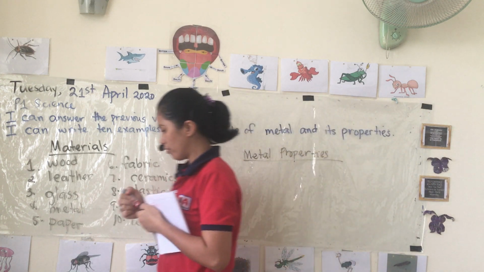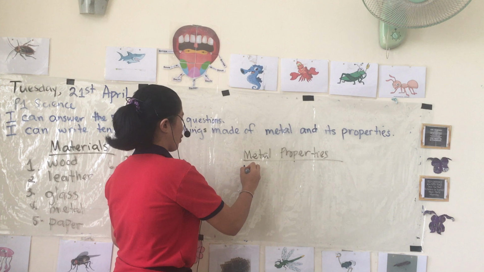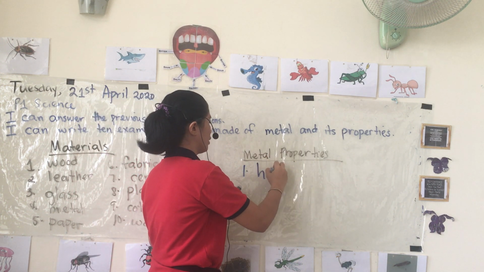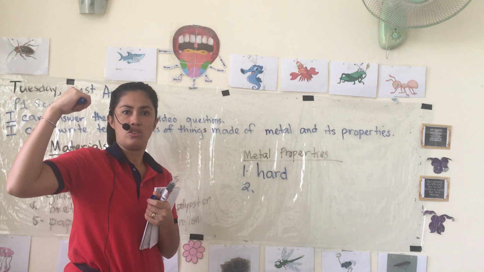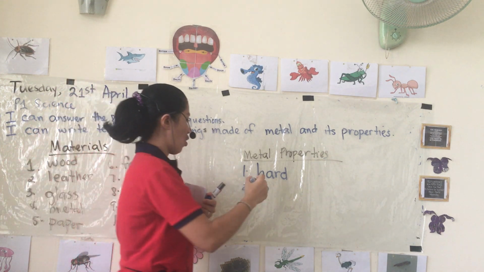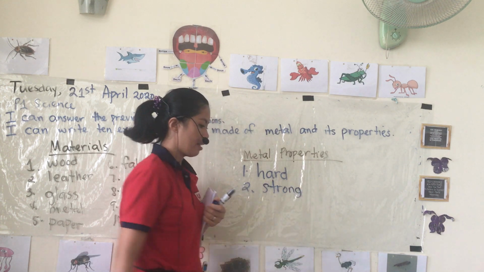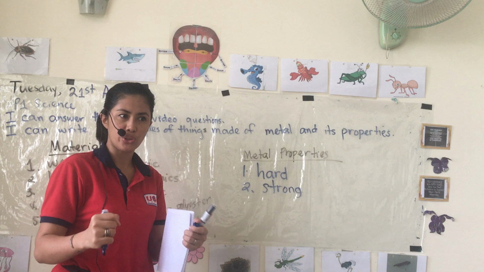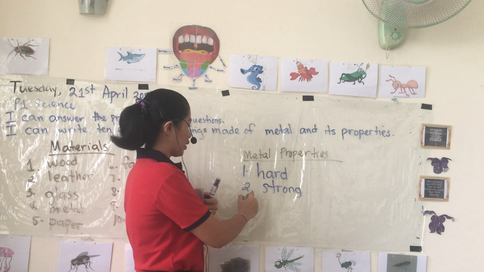So we have, metals are very hard, right? So the first property of metal is hard. What else? Most of the metals are strong. And some metals like aluminum, you can bend, but you have to really put force, or you need heat so you can bend it.